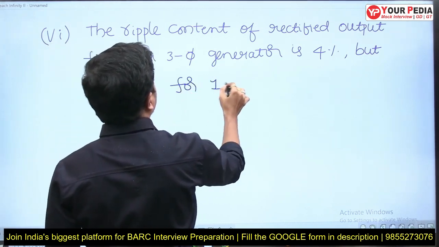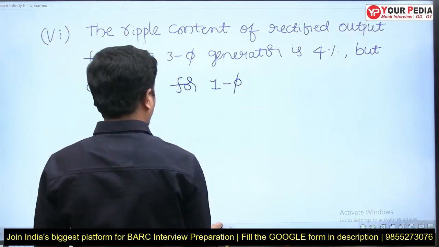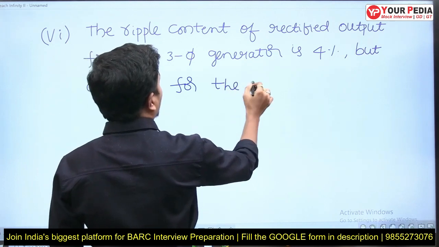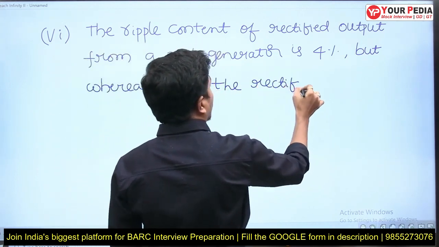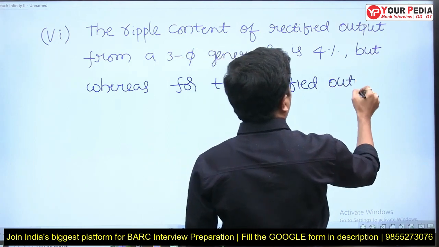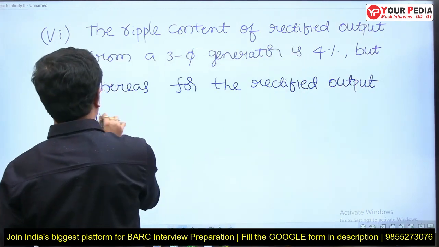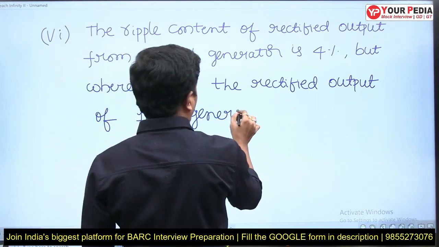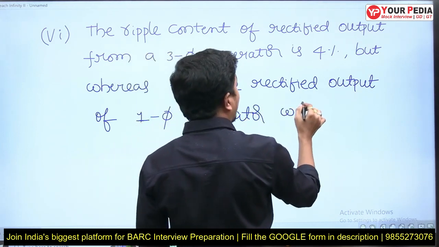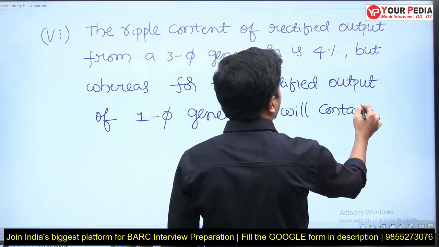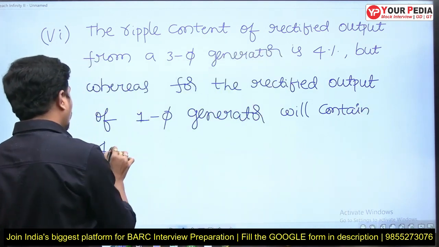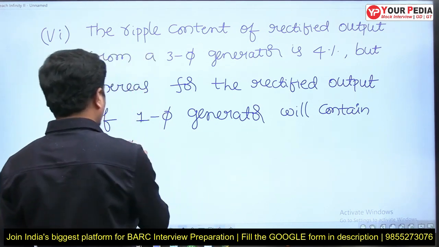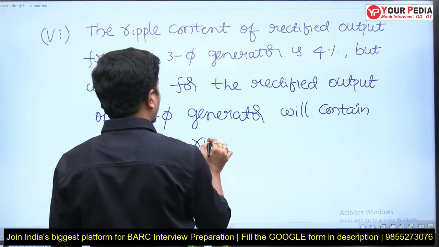But whereas for a single phase, the rectified output of a single phase generator will contain almost 43% ripple.